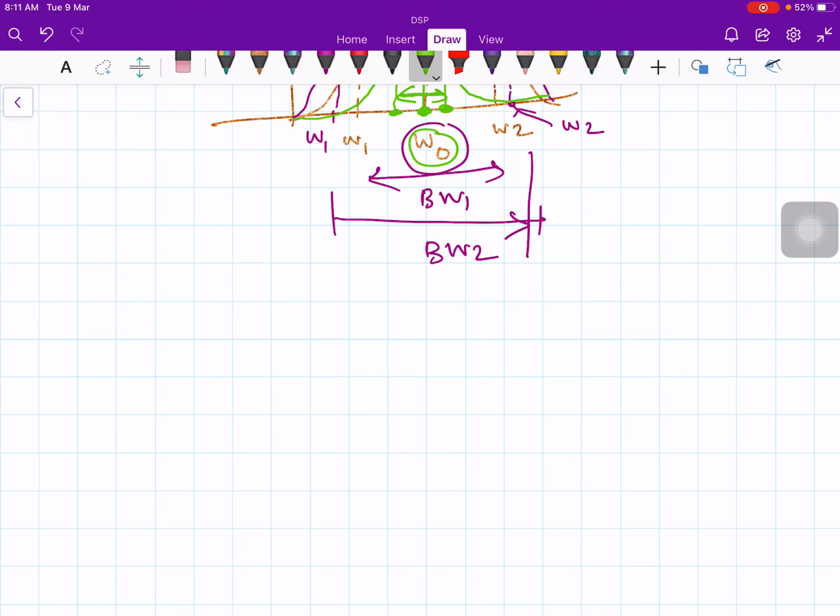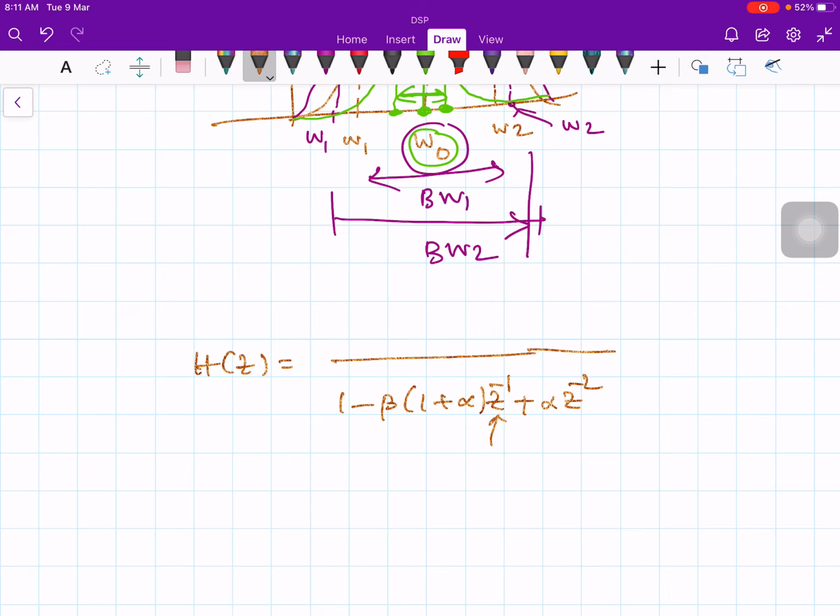Okay, so H of z equal to, the denominator 1 minus beta times 1 plus alpha z to the minus 1 plus alpha z to the minus 2. Sorry, this is z inverse, and the numerator 1 minus z to the minus 2, and here there is a multiplying factor 1 minus alpha by 2.